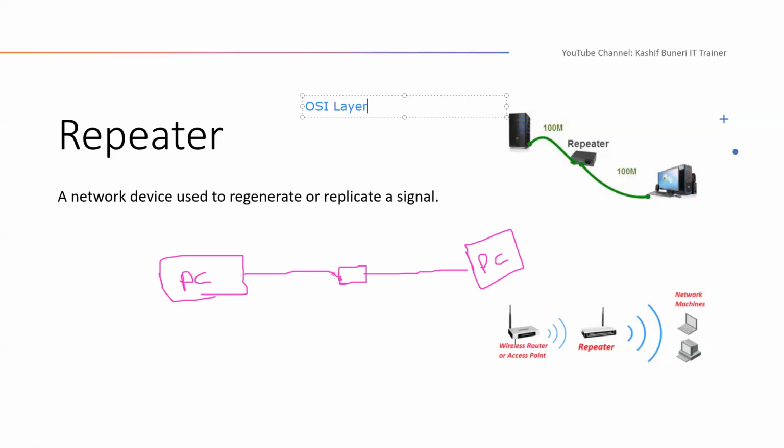You may need a wireless repeater. I think day before yesterday, one of my students sent me a message on WhatsApp, and he asked me that in the university hostel, the Wi-Fi network signals are very poor, especially in their room. And they were asking me what should we do now?